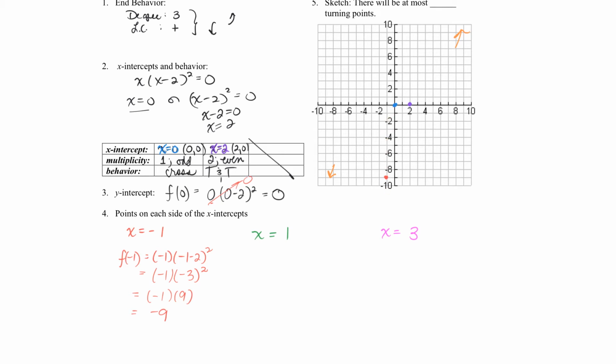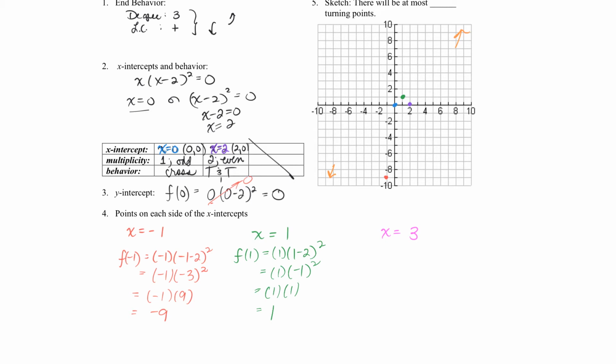Now let's evaluate at 1. See what we get there. f of 1 is going to be equal to 1 times (1 minus 2) squared. 1 times (-1) squared is 1 times 1, or 1. So I have (1, 1).